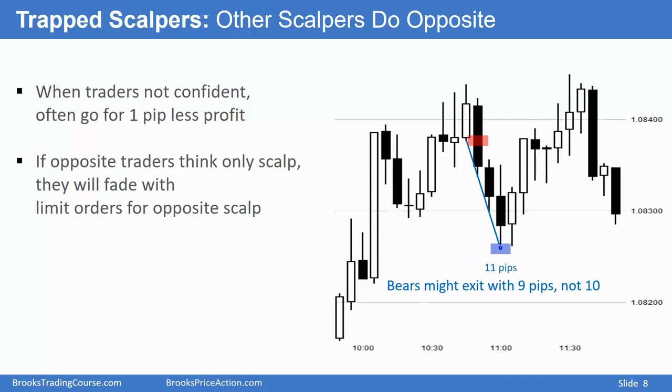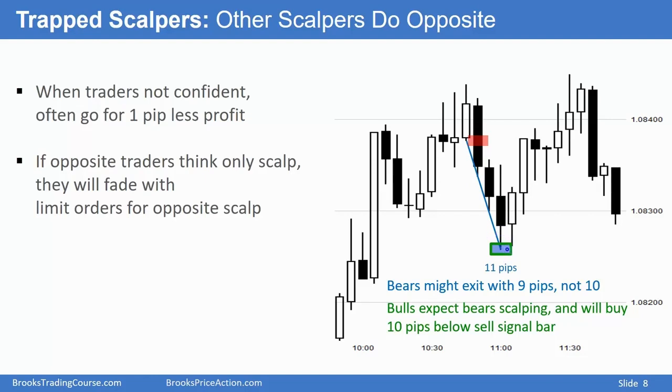Here, some bears might look at this and say, well, I don't know, maybe it's a 50% pullback, maybe we'll get a double bottom, maybe I was wrong trying to get 10 pips, maybe I'll exit 1 pip early. Bulls know that, and they'll also be buying at the same price, maybe about 10 pips below the low of this bar. It has to fall 11 pips to get filled.